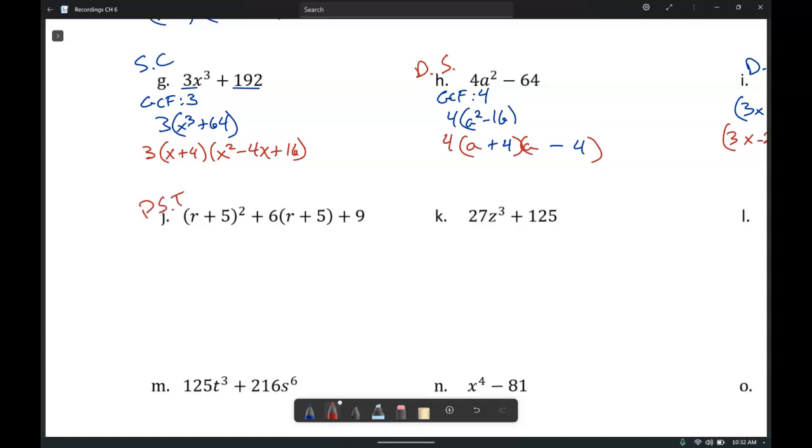We have something in the format of a perfect square trinomial. If we take the first and the last term, the square root of r plus 5 squared is r plus 5. Square root of 9 is 3. If we were to take the product and double it, we get 6(r plus 5), which is our middle term. So we know it's a perfect square trinomial.